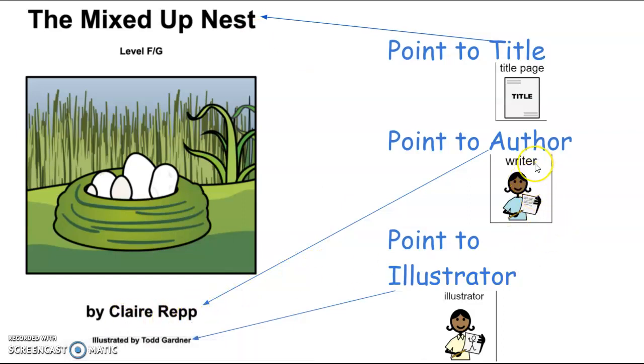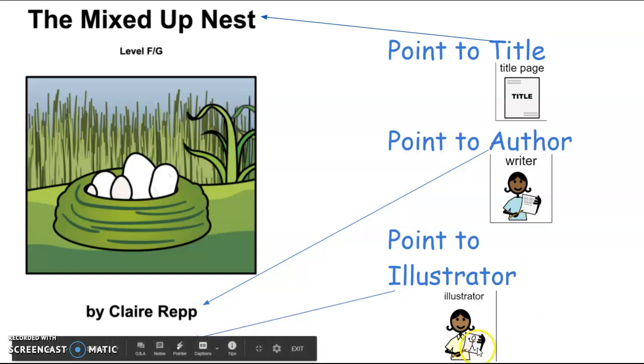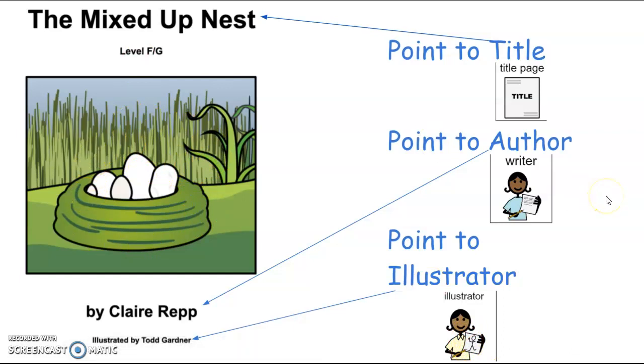That is the writer of the story. And the illustrator, the very bottom, is Todd Garner. That is the person that drew the pictures in the story. All right, let's get started.